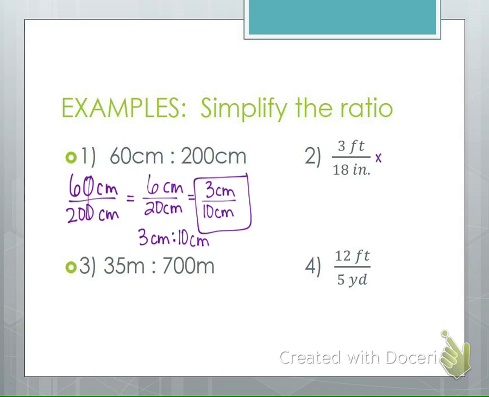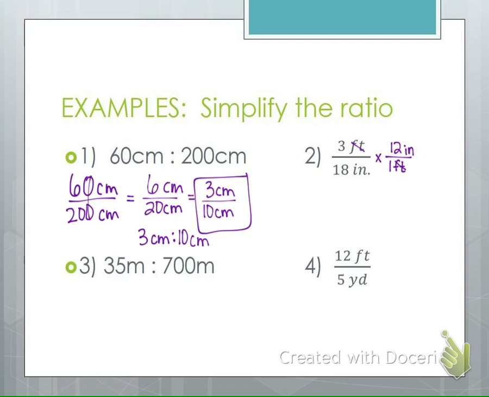So in this case, I am going to put my other foot, this one's in the top, so my foot is going to go in the bottom, 1 foot. And in 1 foot, there are how many inches? 12. Now, I needed my feet to be across from each other, so that way they kind of cancel out. So that way I can just keep my inches on top and on bottom.